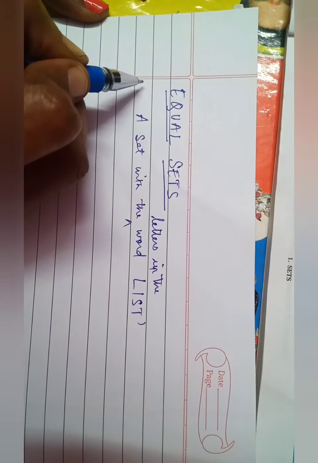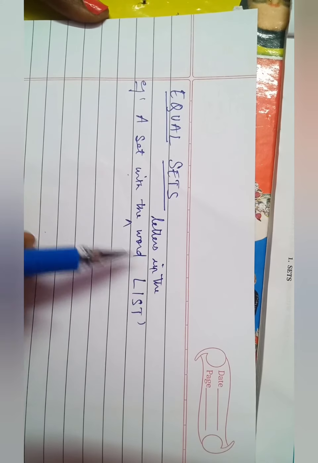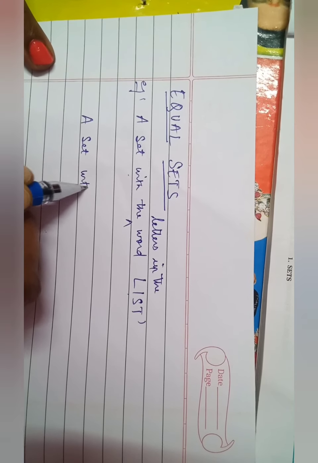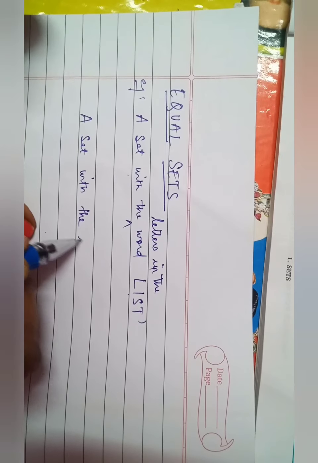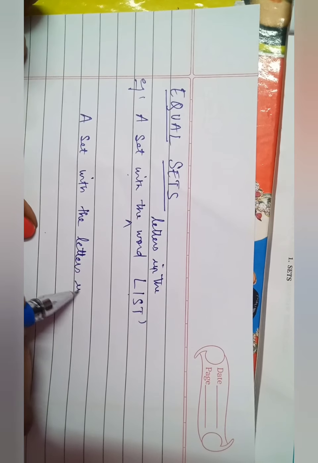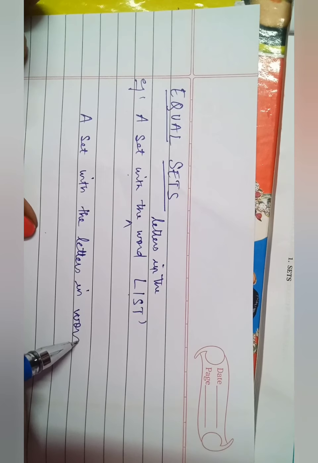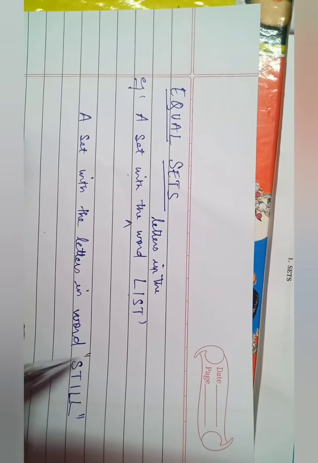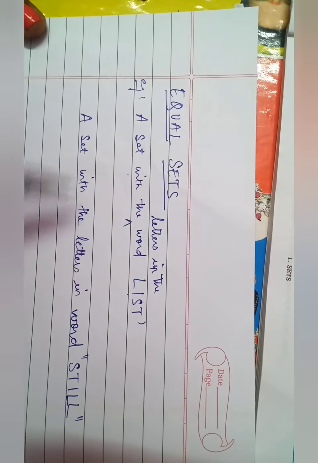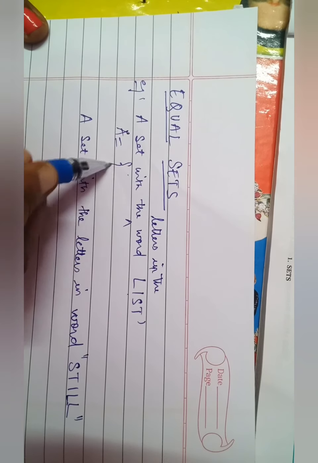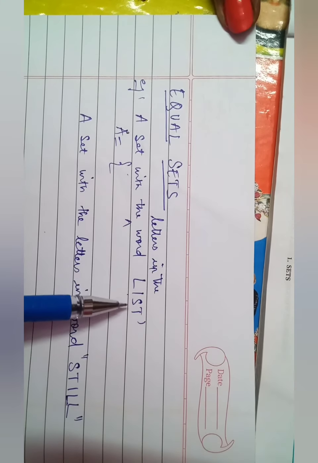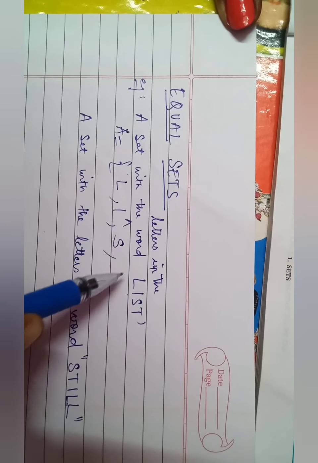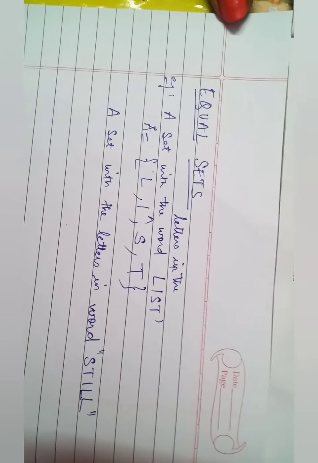Okay, for example, one condition we will take: a set with the letters in the word LIST. Another one we will take: a set with the letters in the word STILL. Now we didn't have any set name, so I am writing A equals, elements L, I, S and T. What would be this for this word?